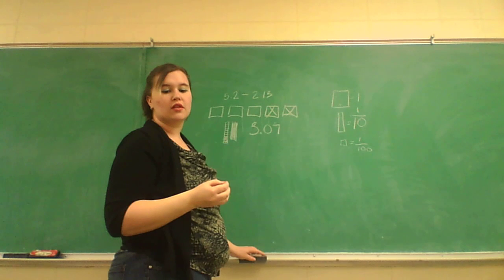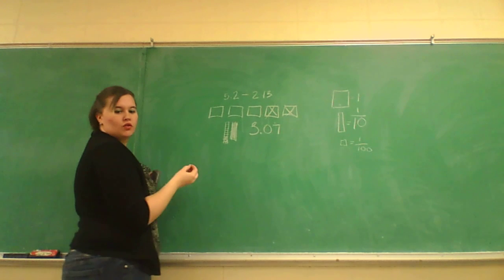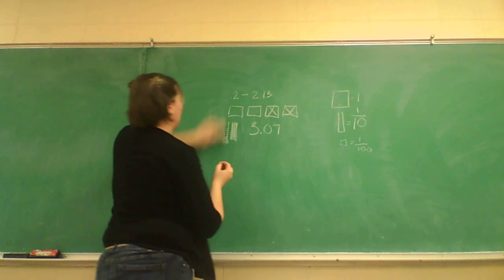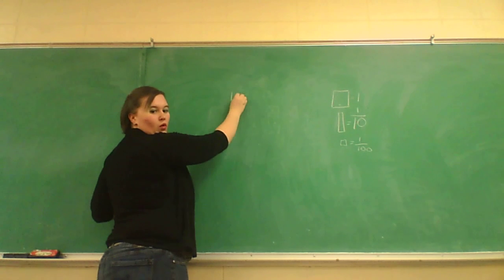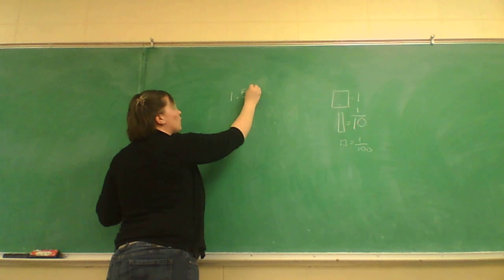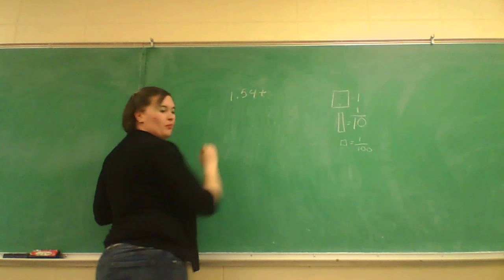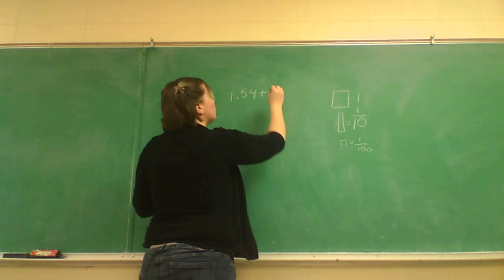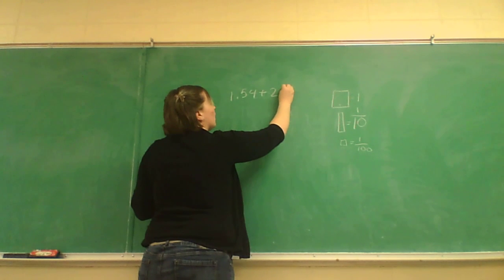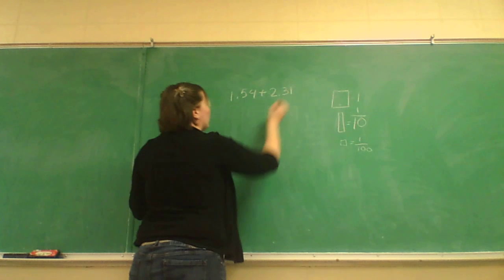We can also use this for addition. So we're going to do 1 and 54 hundredths plus 2 and 31 hundredths.